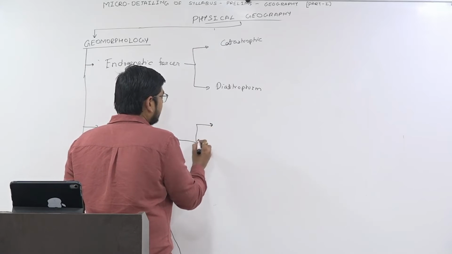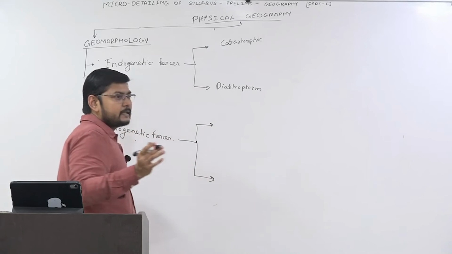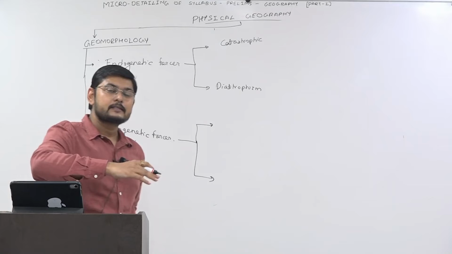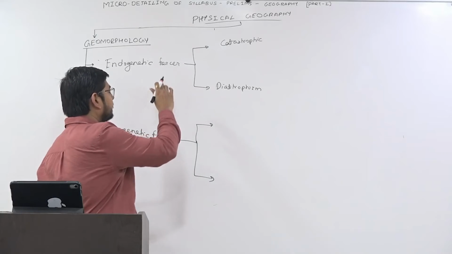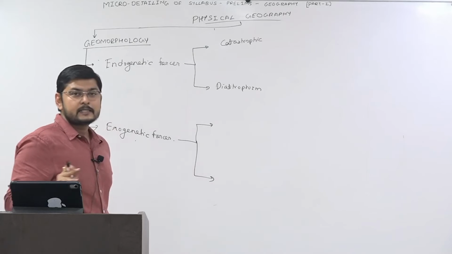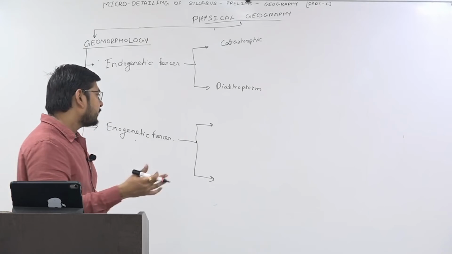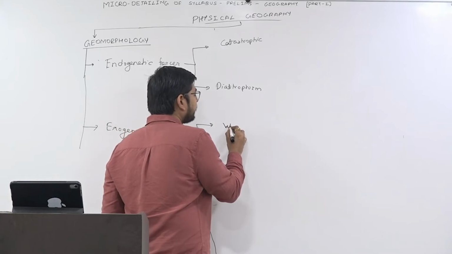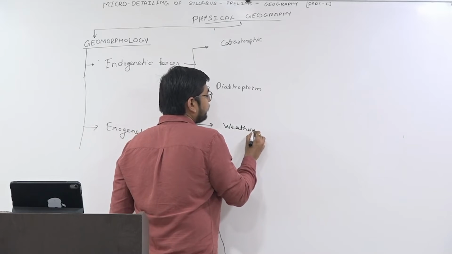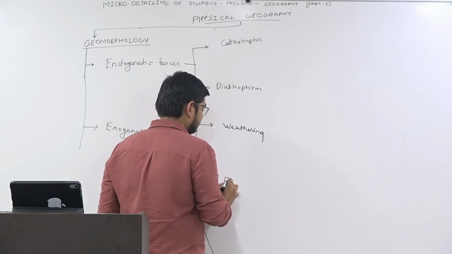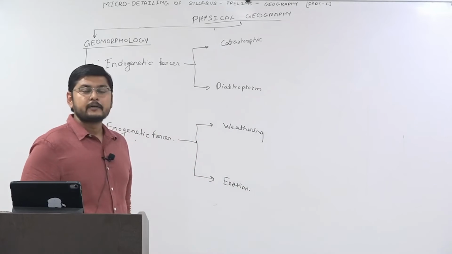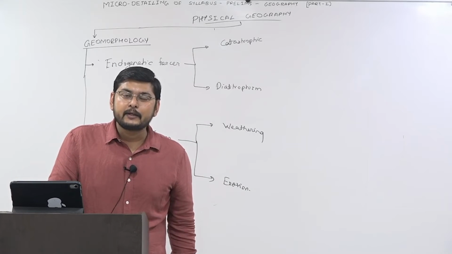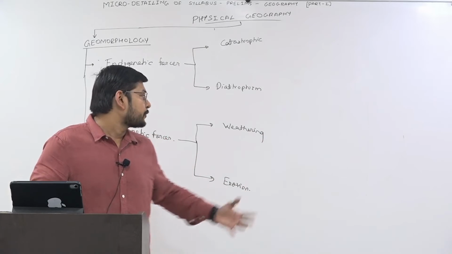Now after this we have exogenetic forces. Exogenetic forces act outside the surface of earth, not internally, whereas endogenetic force acts internally. Exogenetic forces are basically studied through weathering and erosion. Okay, weathering and erosion. So in the process of weathering and erosion, what are the agents of erosion?